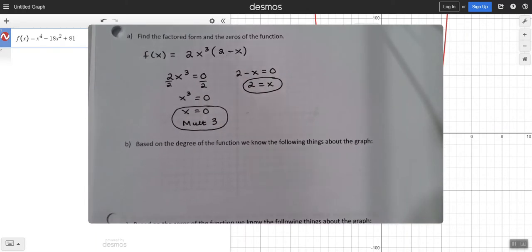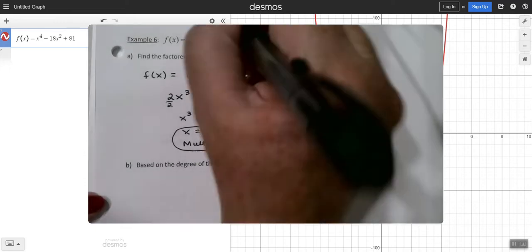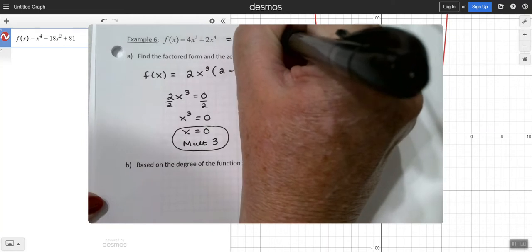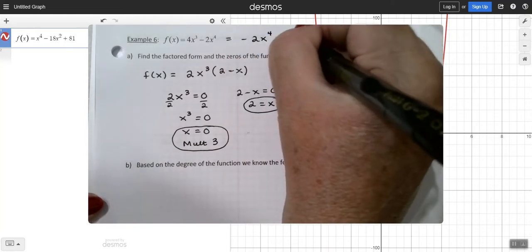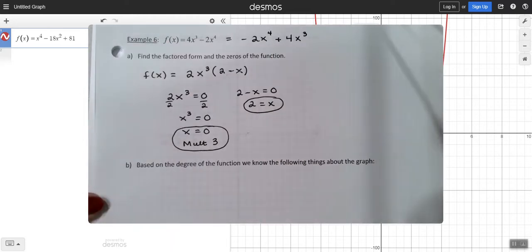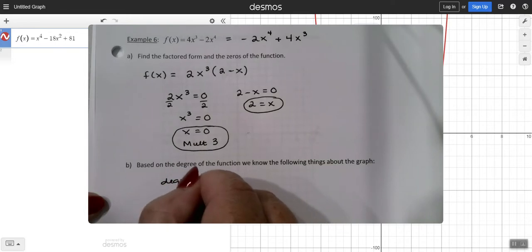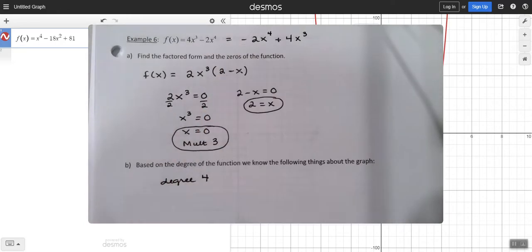All right, based on the degree of the function, what do we know? It might help, and I probably should have done this before I factored because I kind of messed it up a little bit. That's okay, we fixed it. If I wrote this in descending order, it would be a little bit more obvious that the degree is 4. And this time we have a negative leading coefficient.